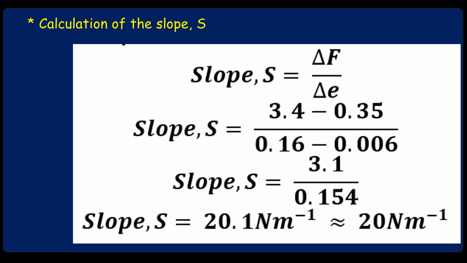Now we've gotten our values as 3.1 divided by 0.154, and the result we are getting in the calculator is 20.1 Newton per meter, which we are approximating to 20 Newton per meter. Why are we approximating? This is the rule of standard figures. Check the video about standard figures and see how they operate.